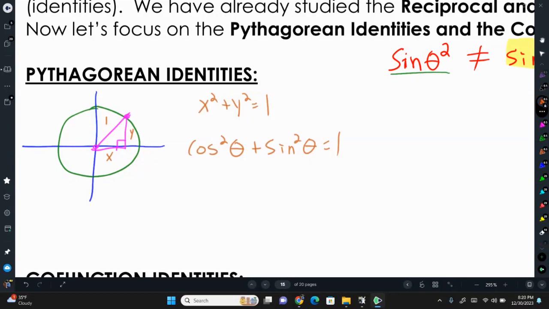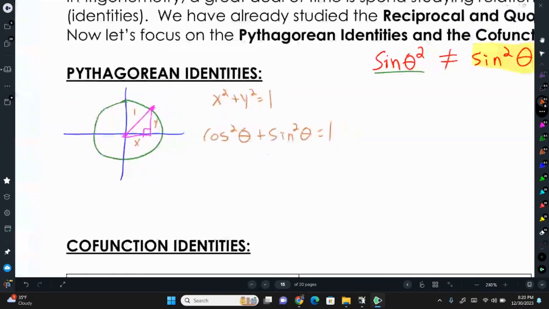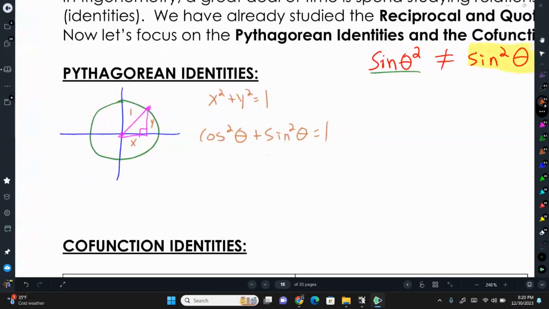Now there's a couple other Pythagorean identities that come from this one if you were to manipulate it. For example, if you were to divide both sides by cosine squared, you'd get a different identity, and it just would be more useful in other situations.